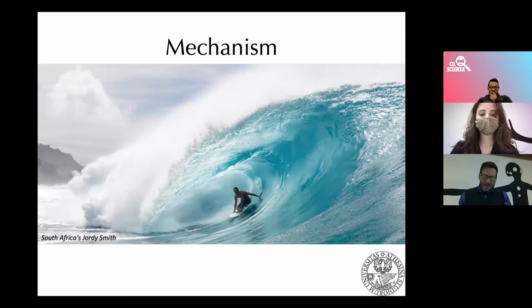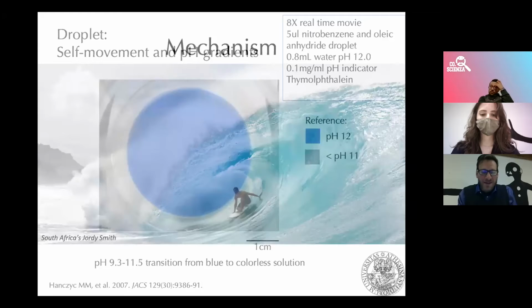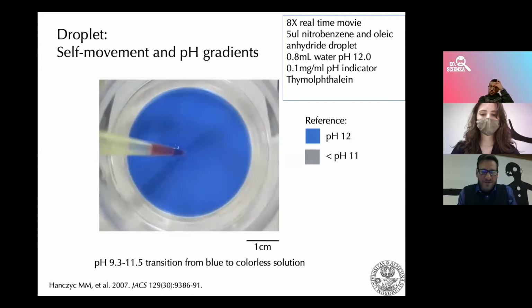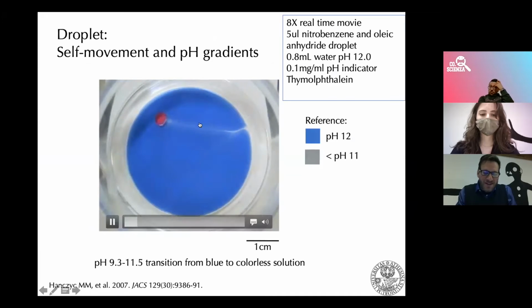It's a chemical wave in this sense. But they're creating their own wave, and so they're surfing on their own wave, and this will occur just like the surfer here, as long as there's energy to push that droplet around. Okay, but the thing about this droplet, the wave doesn't come from outside. The wave comes from the droplet creating its own chemical wave as it's traveling. That's shown here. And you could see part of that chemical wave by seeing that pH difference around the droplet. Okay, so that's how that stuff works.